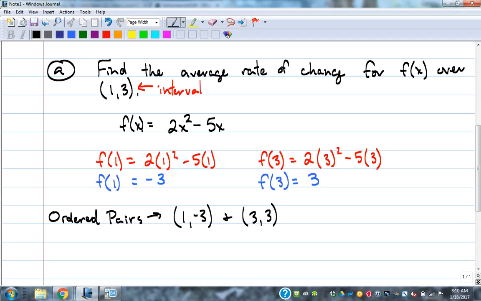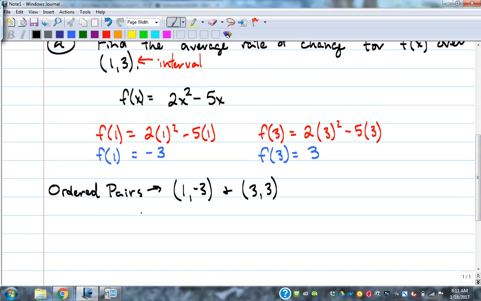So the x value 1 was the x value here. I worked that out and got -3 as the y value that goes with it. And then 3 is the x value. I worked it out and got +3 as the y value that goes with the x value. So it creates these two ordered pairs. And then we just use our slope formula: y2 minus y1 over x2 minus x1.